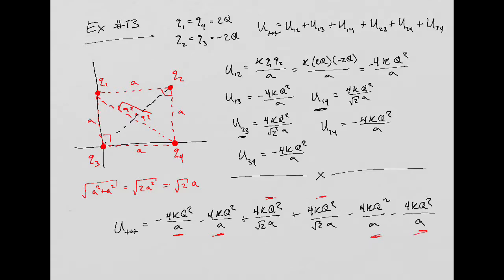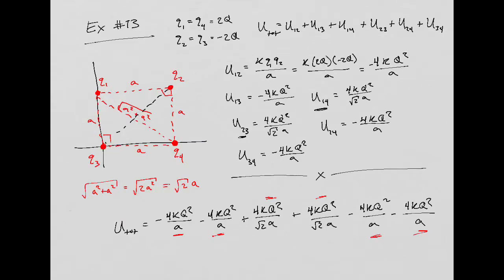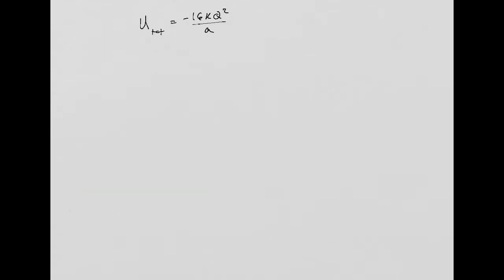We have minus 4, minus 4, minus 4, minus 4 kq squared over A, which will give us minus 16kq squared all over A. And then if we go back, we have plus 4kq squared plus 4kq squared, so it's going to be 8kq squared all over root 2A.